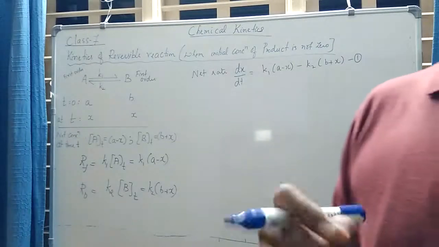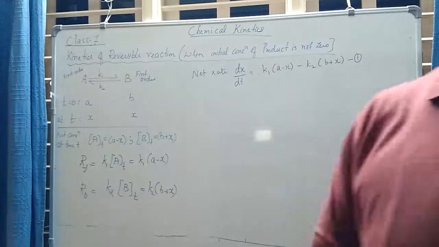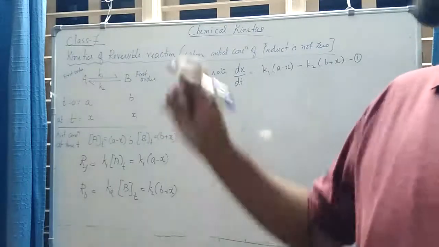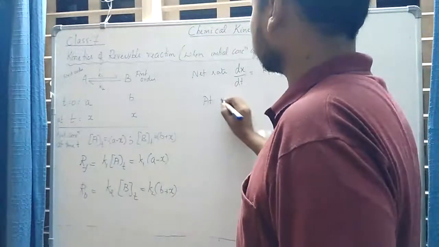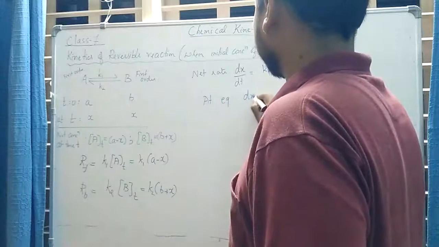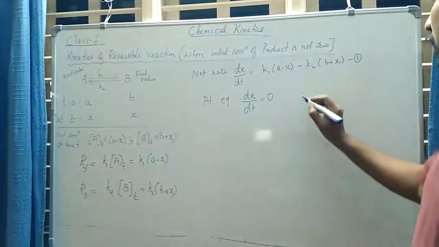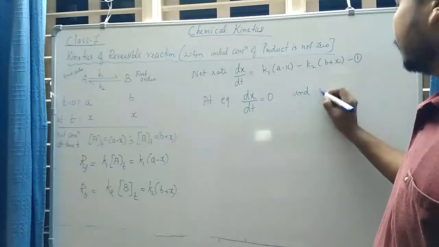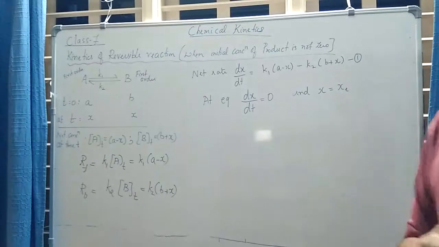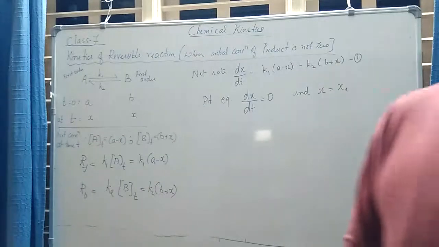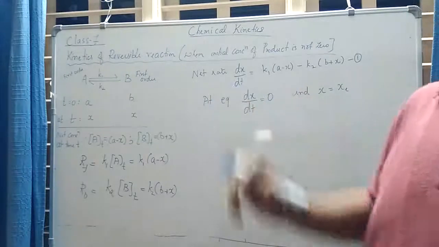Let Xe represent the equilibrium concentration of the product formed due to this reaction. So at equilibrium, the net rate dx by dt becomes equal to 0, and the value of x, which varies with time, reaches its equilibrium value, that is when the rate becomes 0.